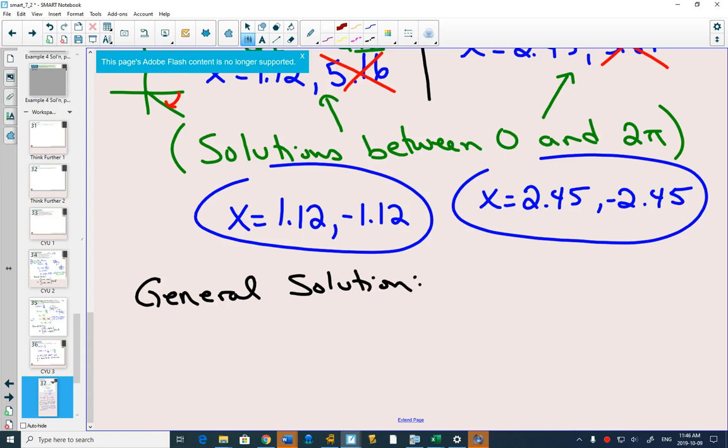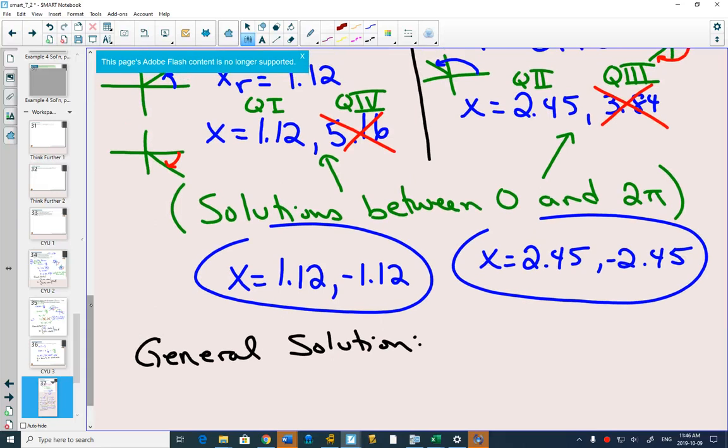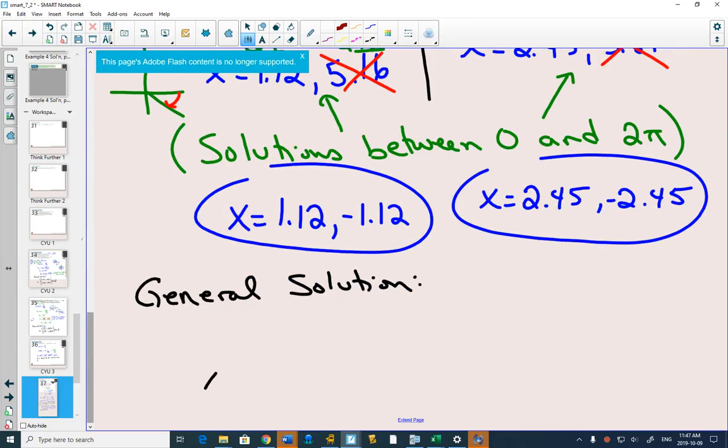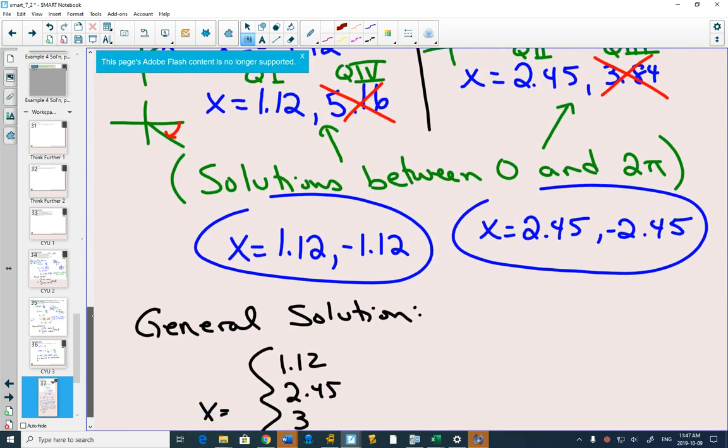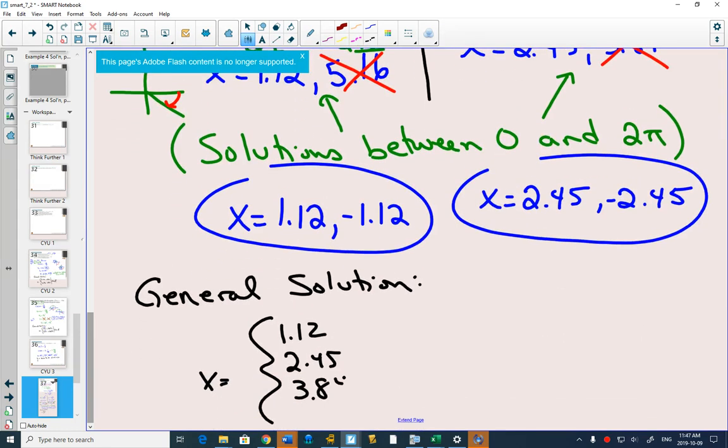So for our general solution, how do we find our general solution? We said, find your answers between 0 and 2 pi. So what we did at the beginning is actually still quite helpful, because we have our answers between 0 and 2 pi. There's 4 of them. X equals 1.12, 2.45, 3.84, and 5.16.